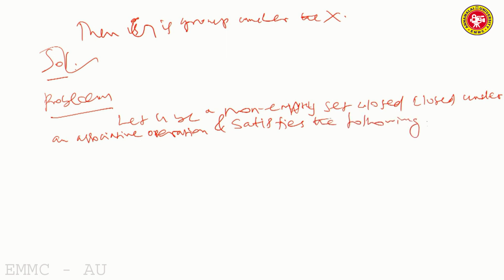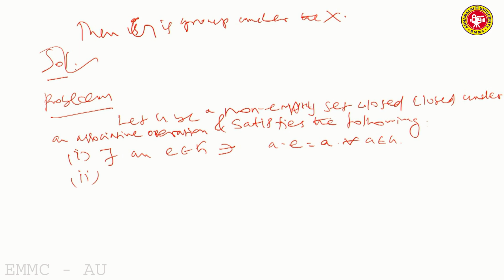This is one important problem. There exists an E in G such that A dot E is equal to A for all A in G.